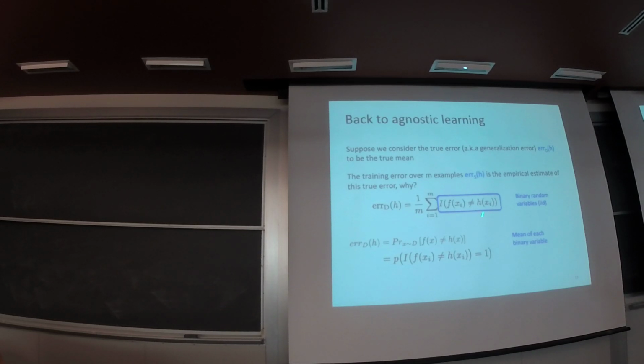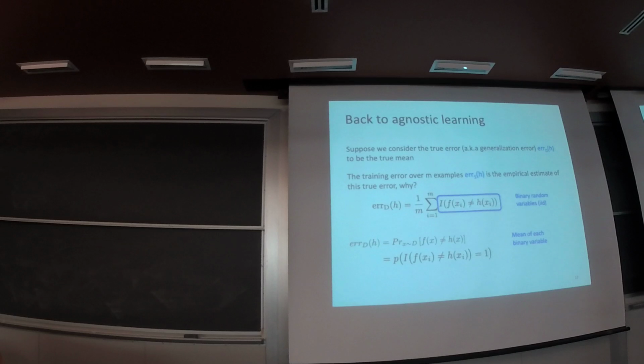The indicator is 1, meaning my prediction is wrong, so I count 1. Otherwise, if the indicator is 0, I make a correct prediction. I add them together, I know the total number of incorrect predictions, and divide it by the total number of examples, I get my training error.